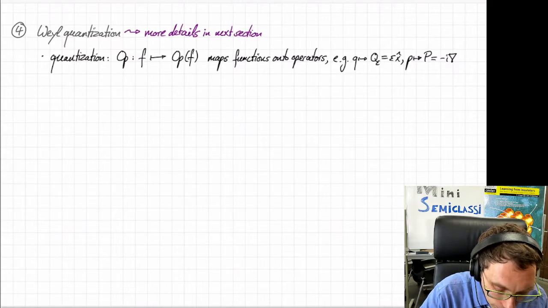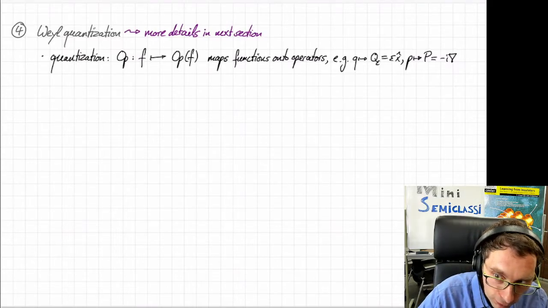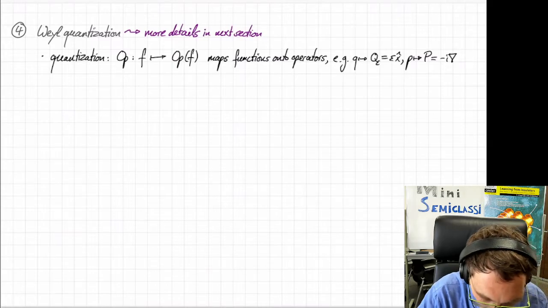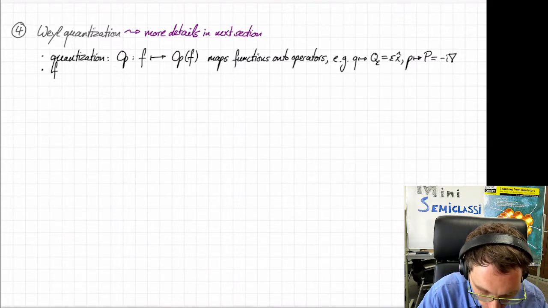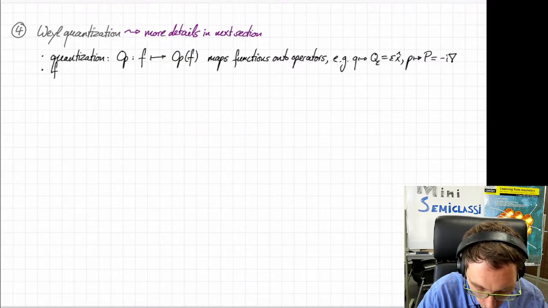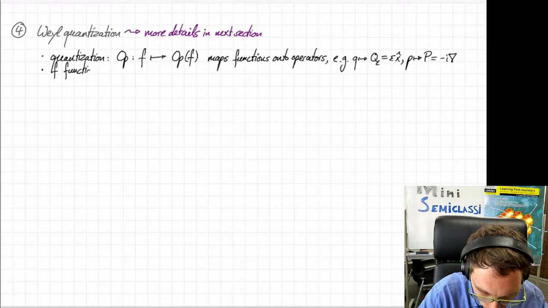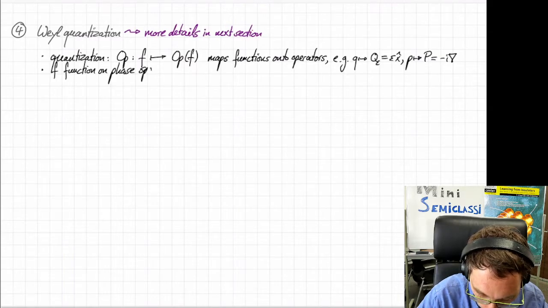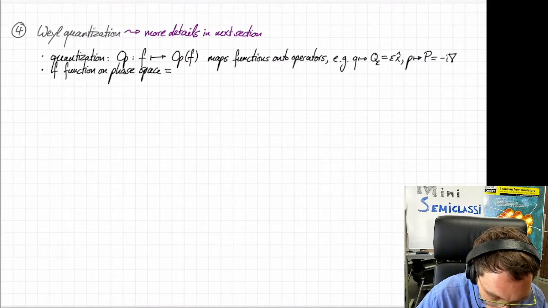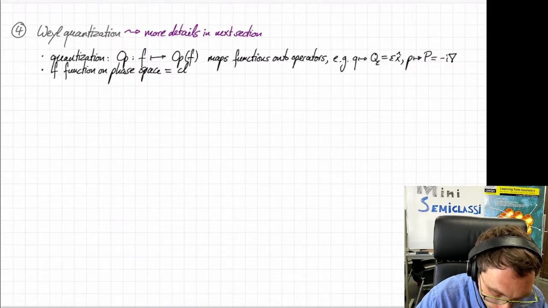So how could this be used to solve the problem that we're interested in? So f is a function on phase space, and that is a classical observable.